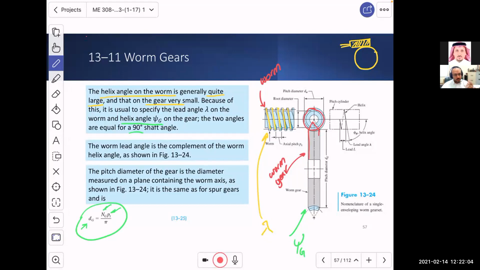This is the transverse circular pitch, we call it. If you forgot that, that's fine. Hopefully later when we start dealing with it. Now we are just touching on these gearing systems. And of course we have pi as a constant.